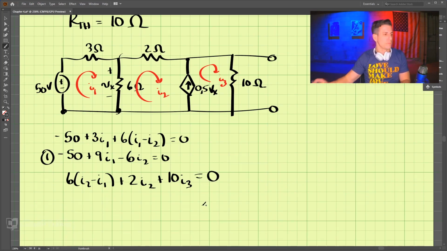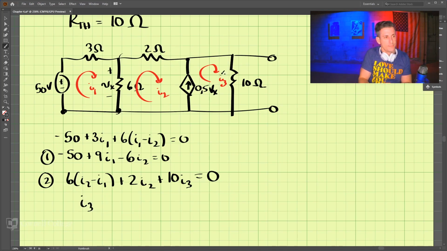Okay. So we need one more equation here. And we have one more, which means I3 minus I2 is equal to 0.5 Vx.